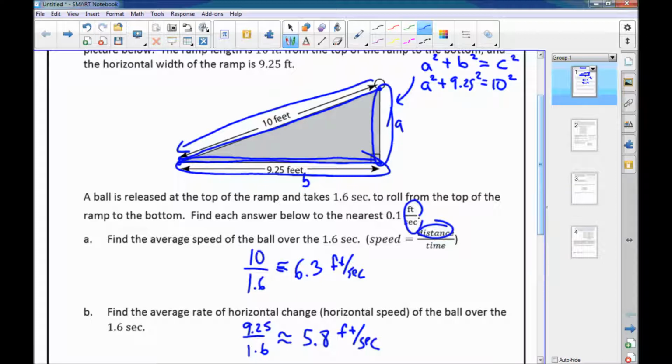So 9.25 squared is 85.5625, and I know 10 squared is 100. Okay, so we can solve this equation by subtracting 85.5625 from both sides. So 100 minus the 85 part will give us a squared is equal to 14.4375.